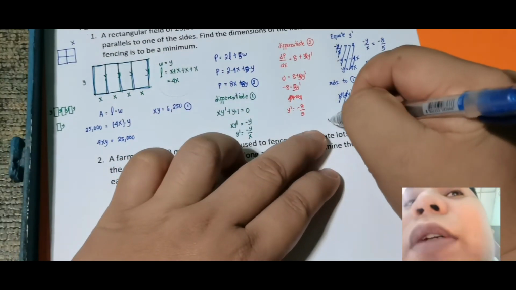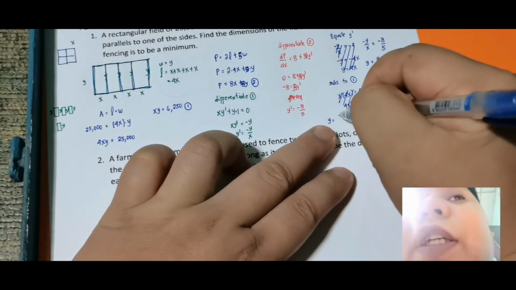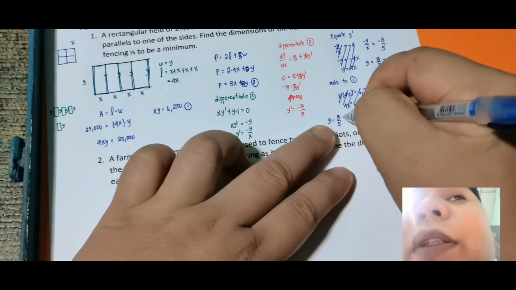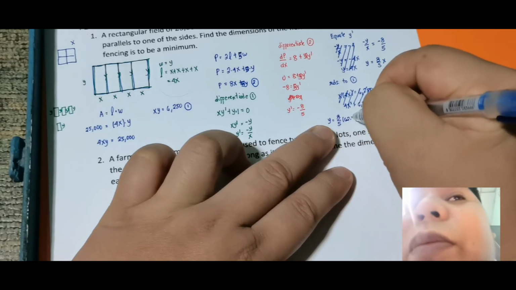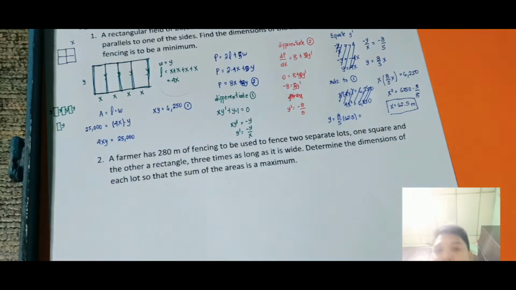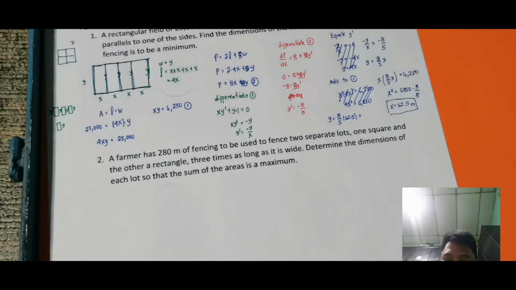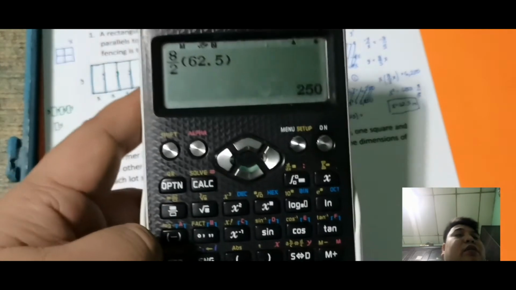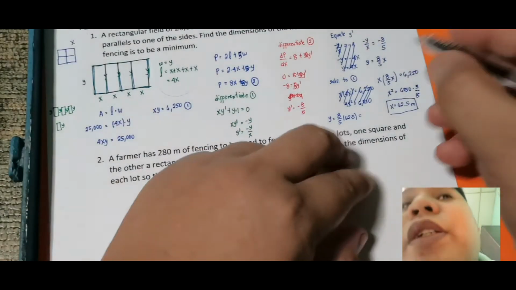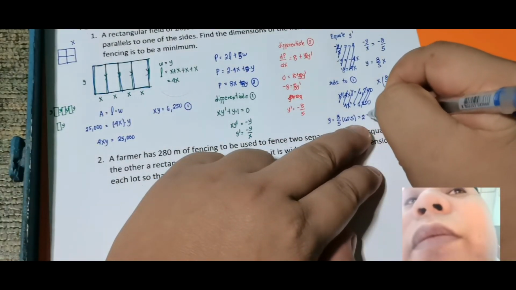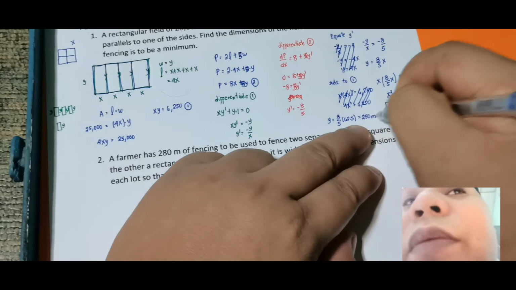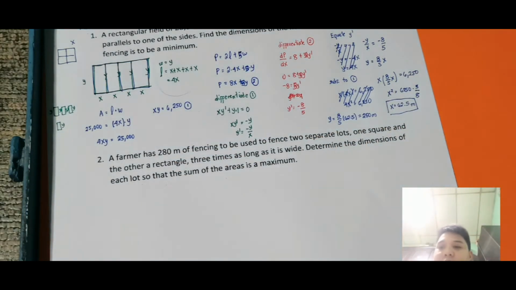Okay, so this is just y is equal to 8/5 times 62.5. Okay, which is equal sa, gawin ko na lang, that is 8/5 multiplied by 62.5. Okay, and that is 250 meters. Okay, so ngayon, ano yung dapat naging sagot natin dito?